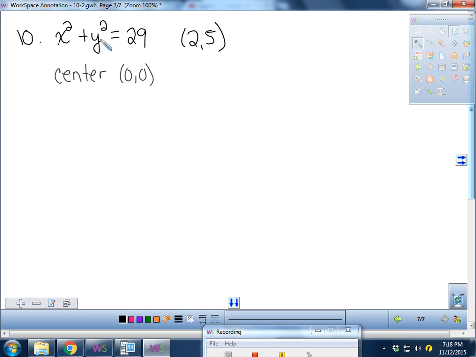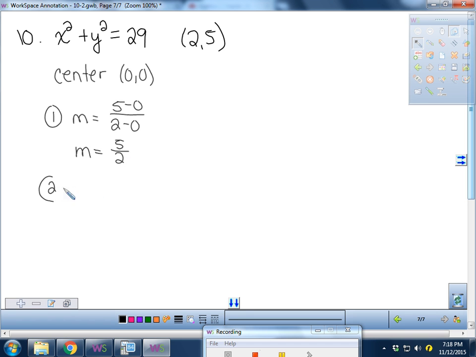I don't have anything being added or subtracted to my x and y here in parentheses. And so I need to find the slope of my radius. So I will subtract y's on top. So 5 minus 0. X is on bottom. 2 minus 0. So the slope of my radius is 5/2.